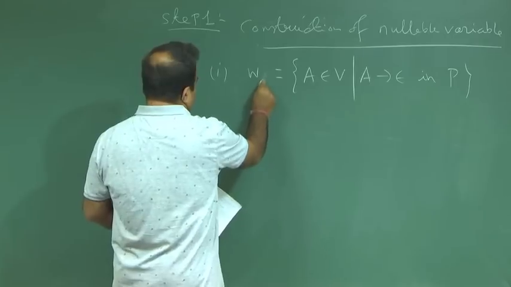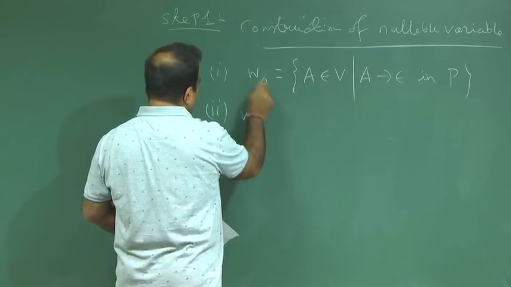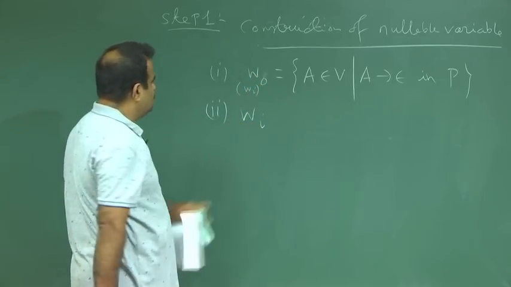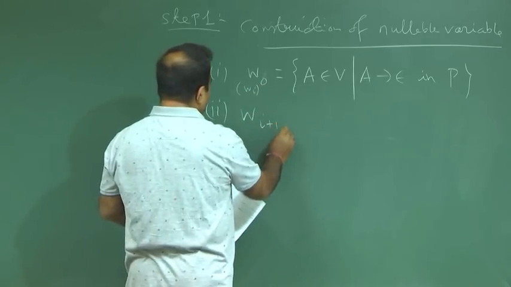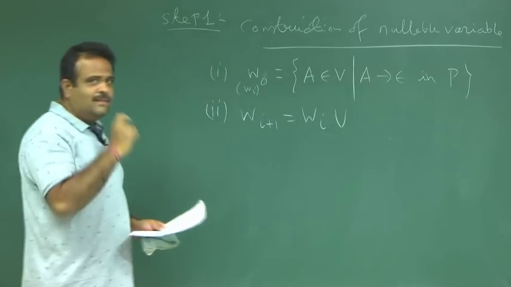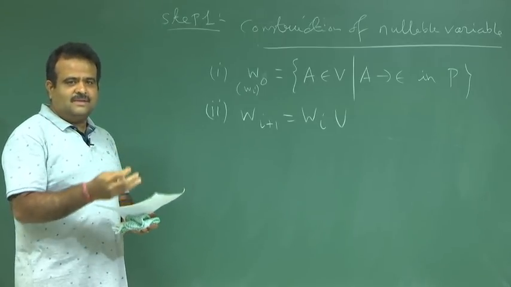And then W 1, or basically W i plus 1. Now we are going to find the next one, say W 1, for i equal to 0. So, W i plus 1 is W i, because those are already there, plus any variable that is nullable.